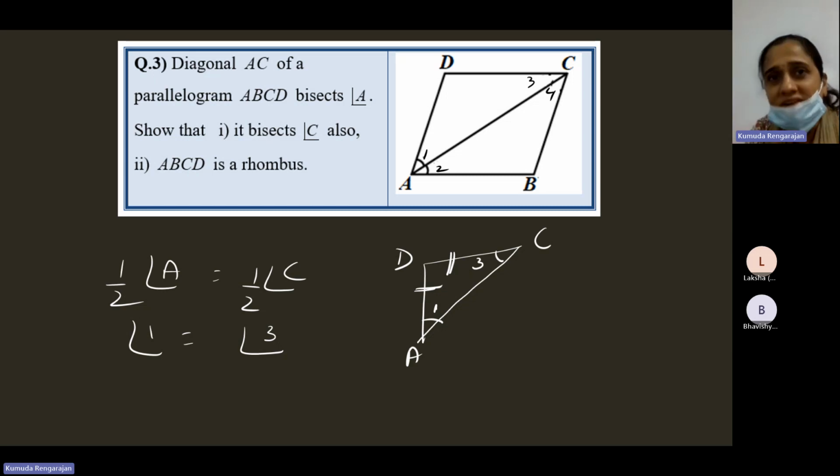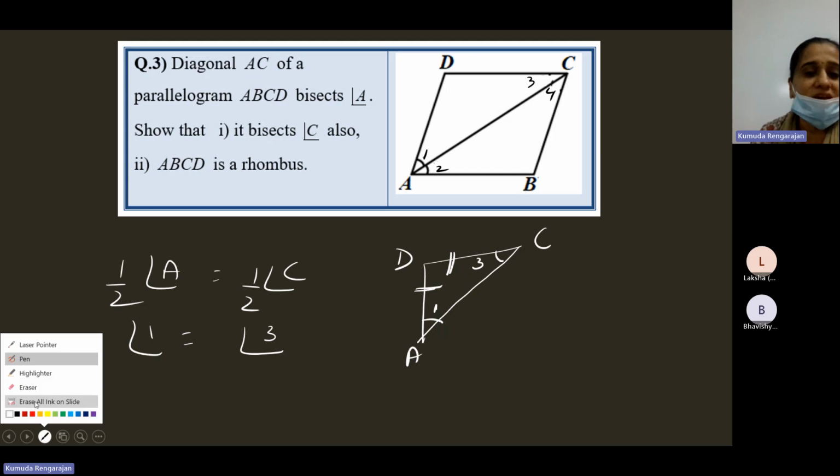You just have to prove all sides are equal. Already opposite sides are equal, so it is enough if you prove adjacent sides are equal. Then it is a rhombus, because when adjacent sides are equal, all the sides are now equal because already opposite sides are equal. So in a parallelogram, when all the sides are equal, it is a rhombus.